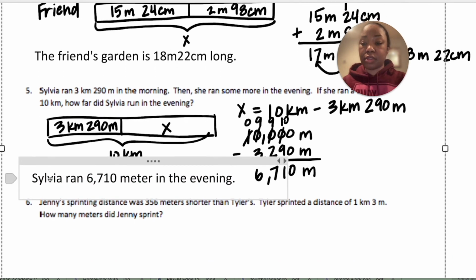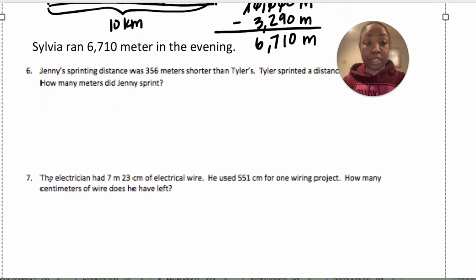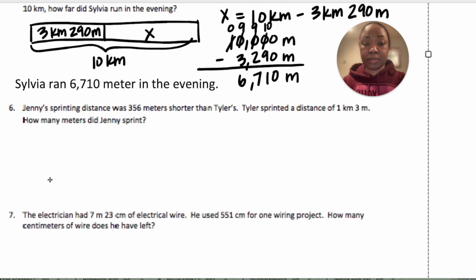All right, on to number 6. Jenny's sprinting distance was 356 meters shorter than Tyler's. Tyler sprinted a distance of 1 kilometer, 3 meters. How many meters did Jenny sprint? All right, so we have 2 people that we're comparing.